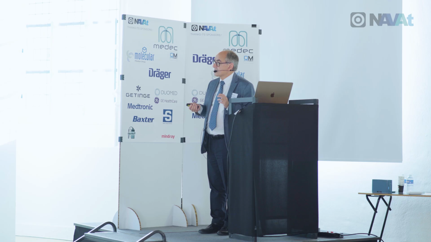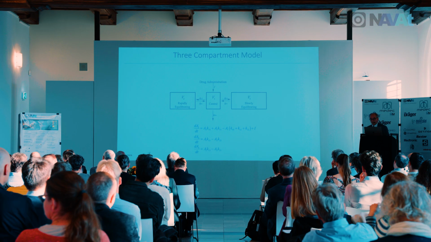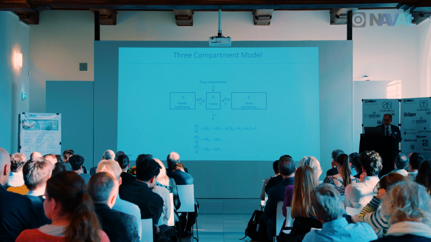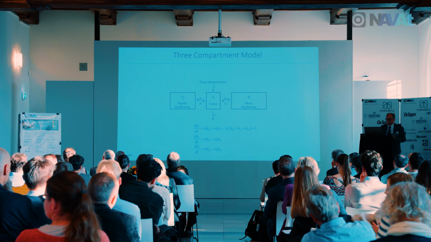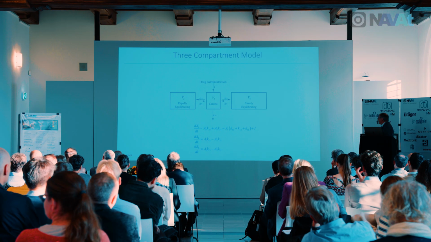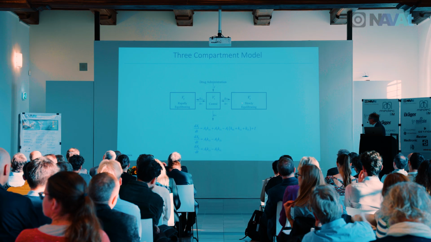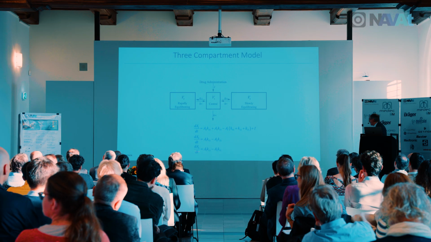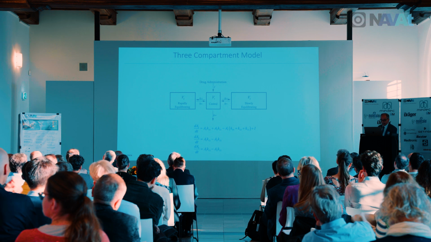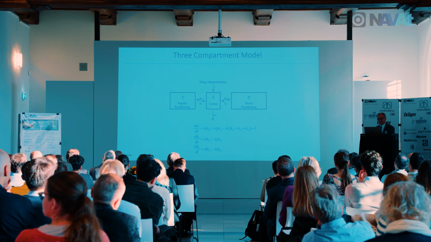The drug doesn't stay in the plasma or central compartment, but is distributed to what we call rapidly equilibrating parts of the body and slowly equilibrating parts of the body, and it comes back, called redistribution. You can mathematically describe what happens with the concentration in all these boxes with these kinds of formulas. I will not go into the mathematical details, that's not the purpose of this lecture.